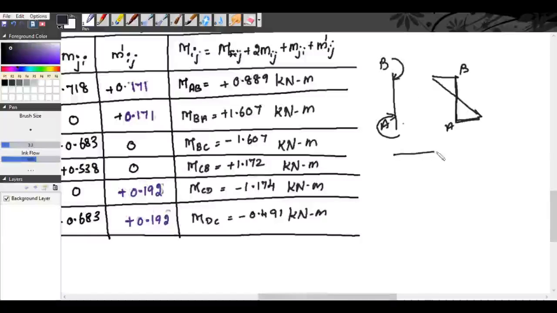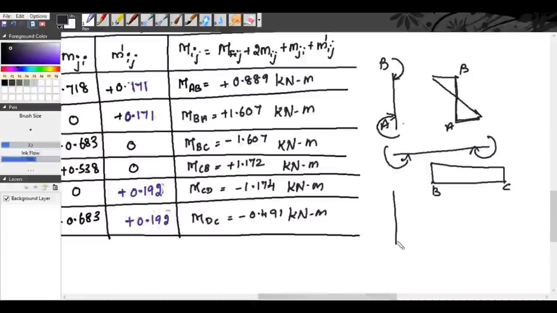For the span BC, anti-clockwise and clockwise. So the bending moment diagram will be like this. For the span CD, anti-clockwise, anti-clockwise. So it is like this, pointing towards the right, at D pointing towards the left. So now we will draw the bending moment diagram.